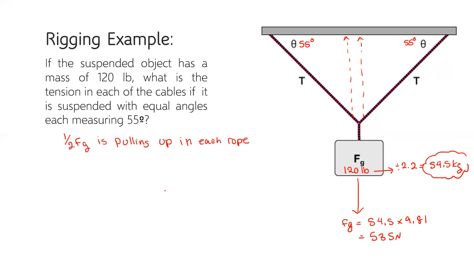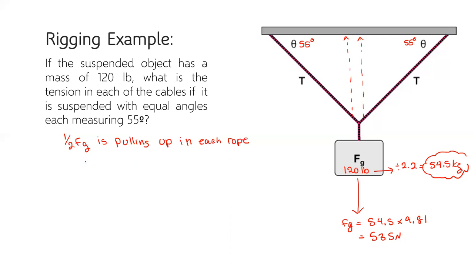Okay, that's what it's equal to. Gravity pulls down, but because we have two cables, a force equal to half of gravity is pulling up on each cable. I know you can't see my hands moving. I'm just realizing that as I do some very animated descriptions here.